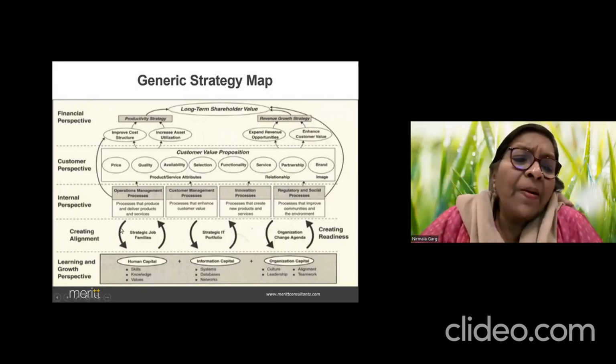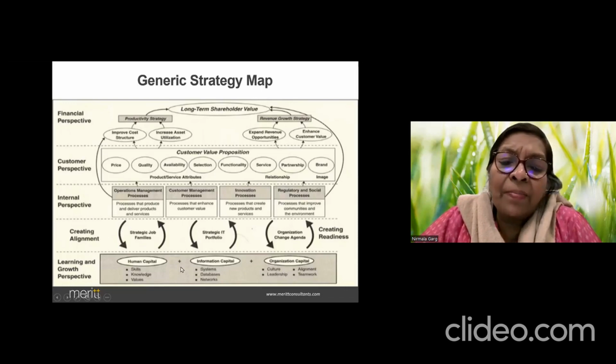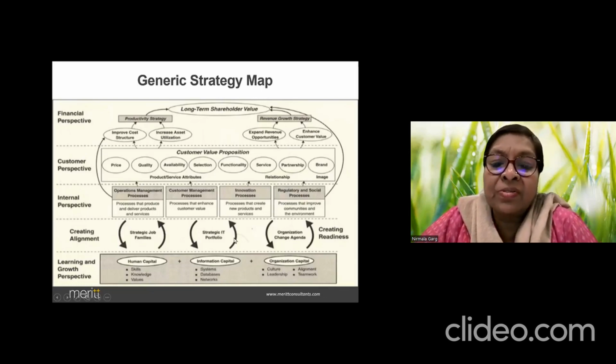For example, can you see that for human capital, there are arrows indicating into operational management processes, or into customer management processes, or into regulatory and social?